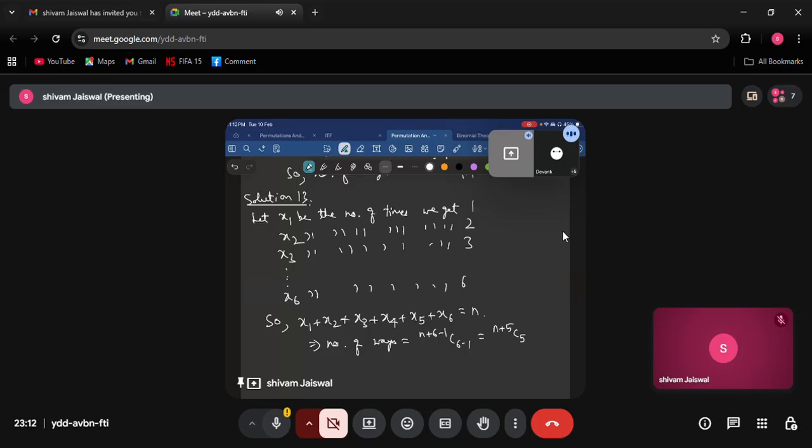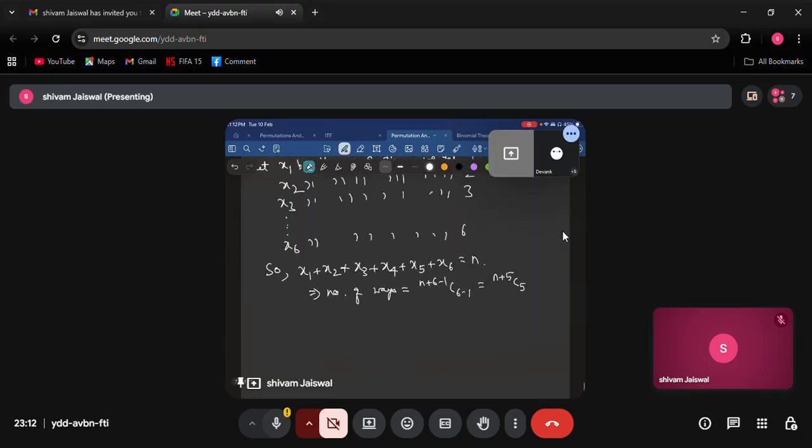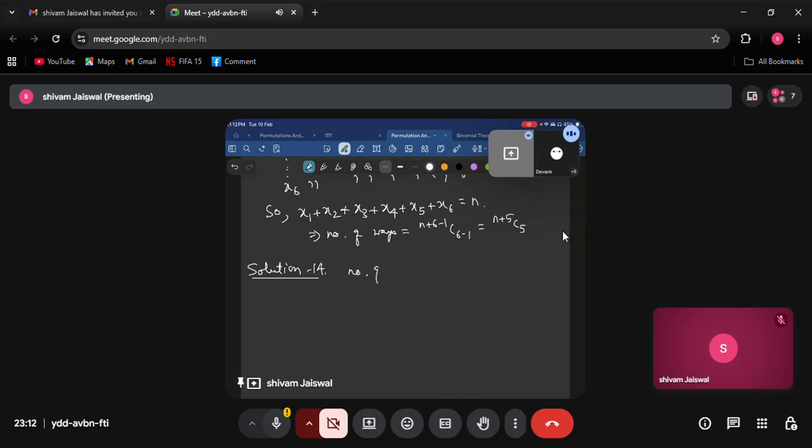Okay, so everyone, I'm solving number 14. We need to find out the number of ways in which 2 apples can be distributed. Tell me, in how many ways can you distribute 2 apples among 3 children? The number of ways to distribute apples, since apples are alike, will be equal to 2 plus 3 minus 1, C, 3 minus 1.